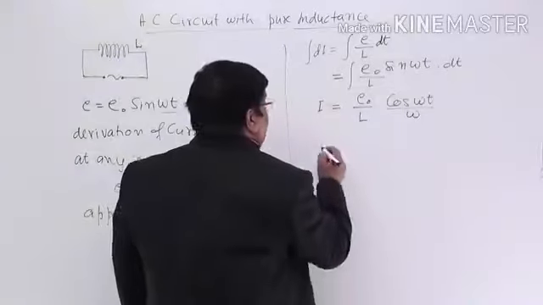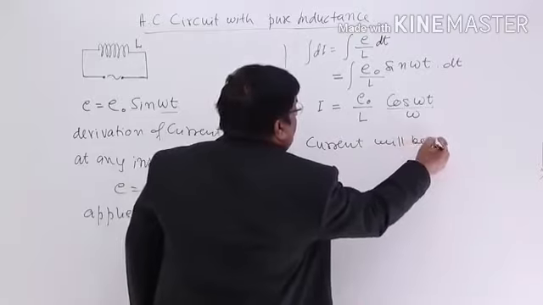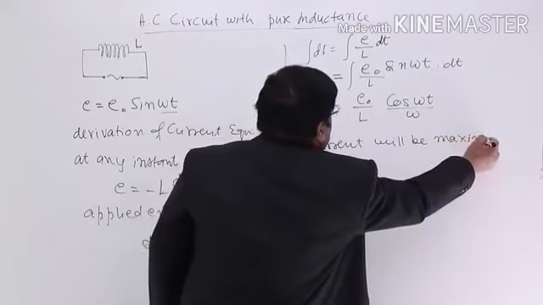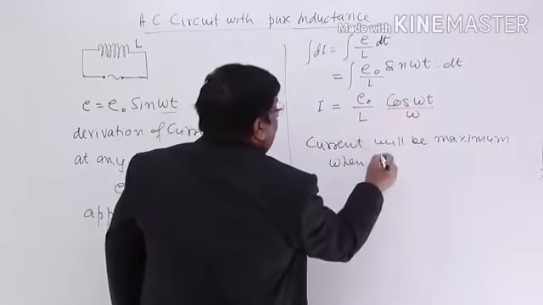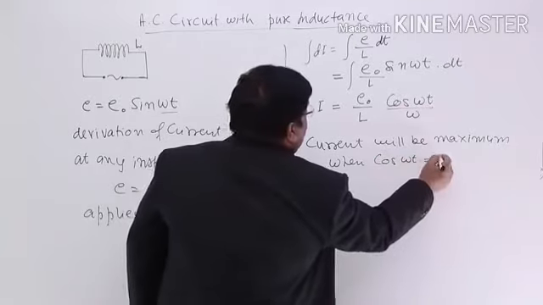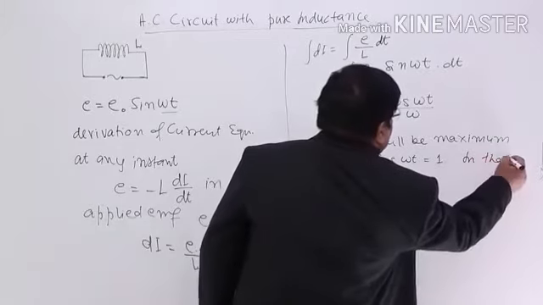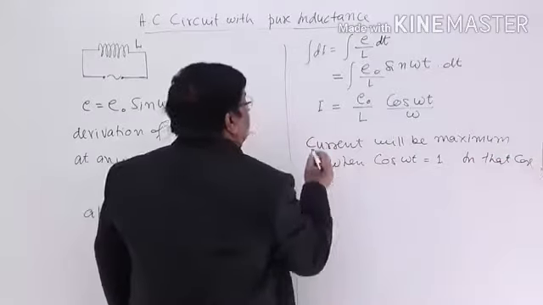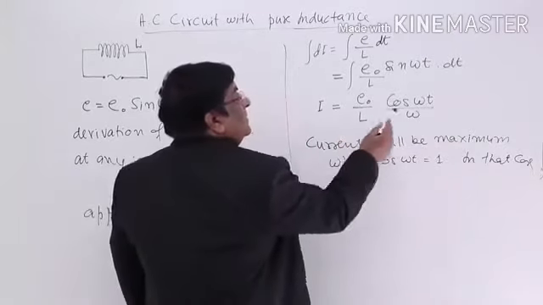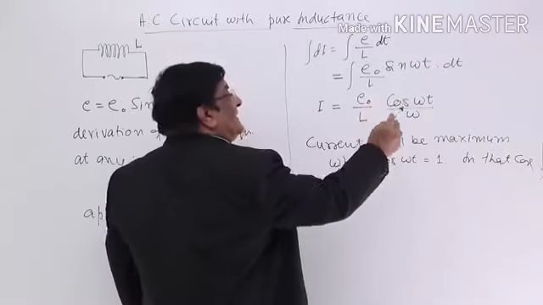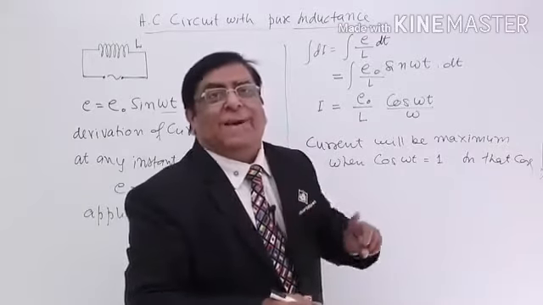This current will be maximum when cos omega t is equal to 1. Whatever the current is in that case, we will write it as I maximum.